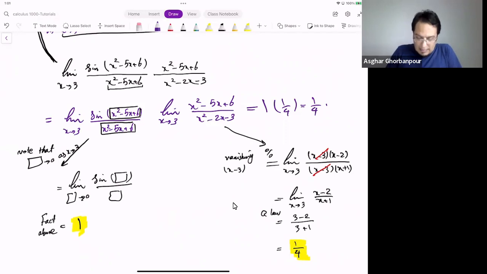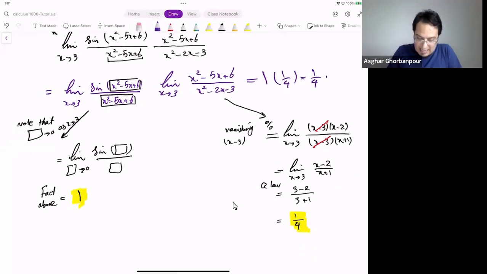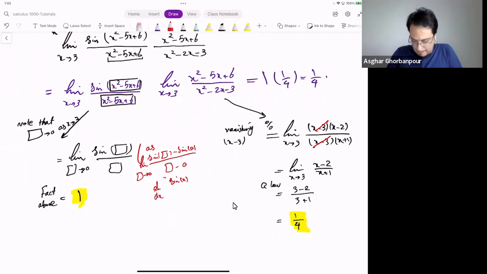And I could have seen this as the limit as box goes to 0 of sine of box minus sine of 0 over box minus 0, which is the same thing as the derivative of the sine at x equal to 0, which is cosine of 0.